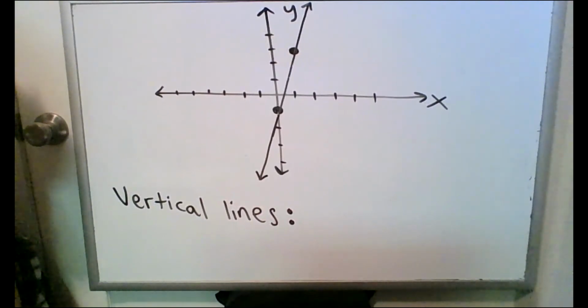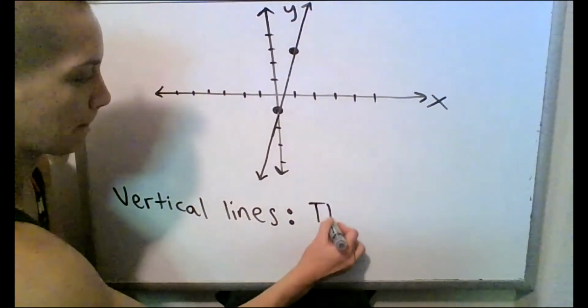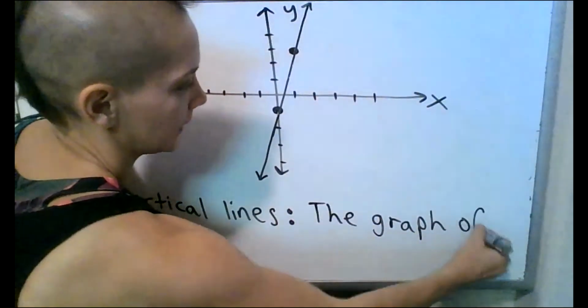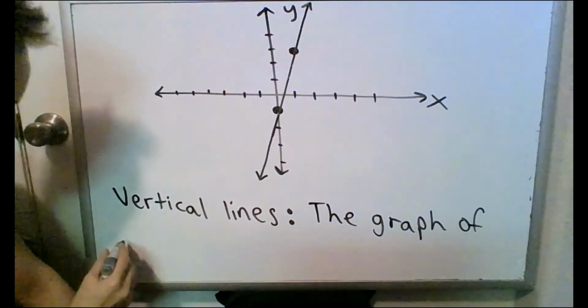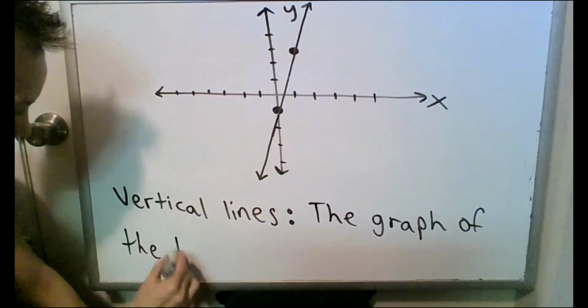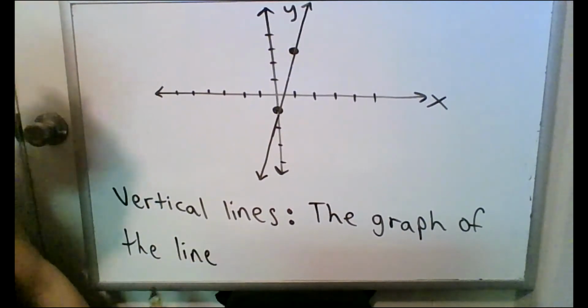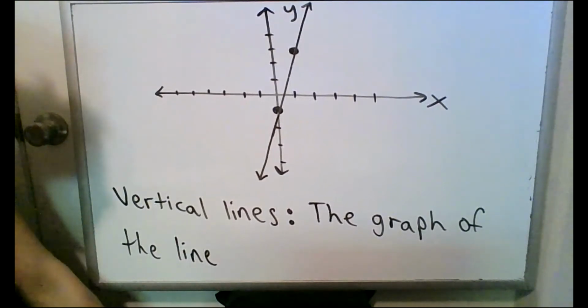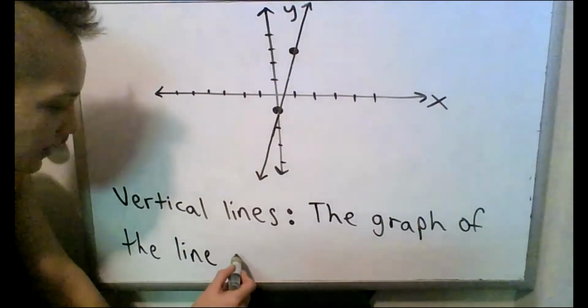So the graph of the line of x equal to some number, where I'm going to choose the number 5.